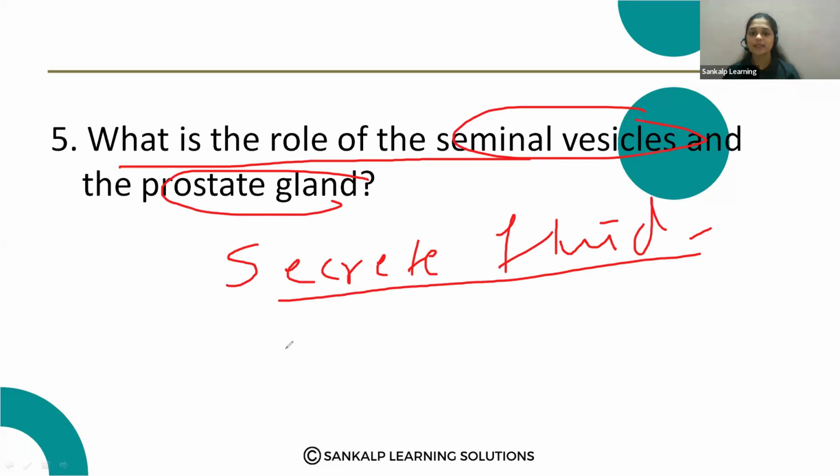The sperm receive the fluid-like secretion from the seminal vesicles and the prostate gland, and these fluid-like substances are helpful for the sperms. They provide the energy for the sperm, and they also help the movement of the sperms in different pathways, like inside the vagina or inside the penis.